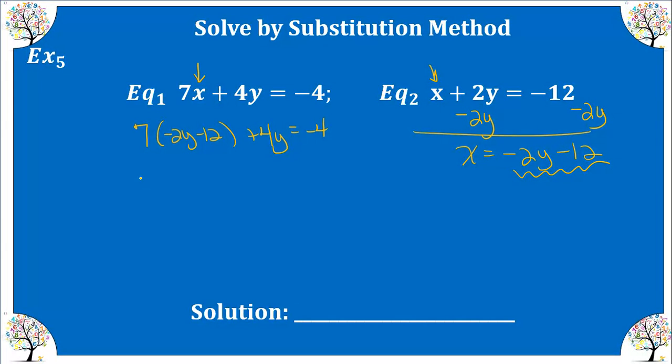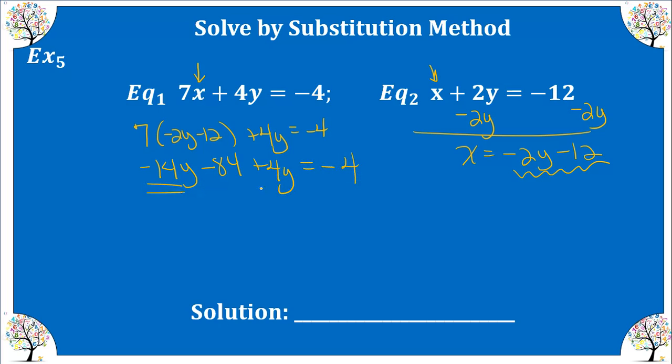We're going to distribute the 7. That gives us negative 14y minus 84 plus 4y equals negative 4.